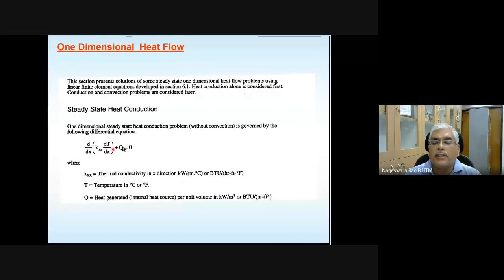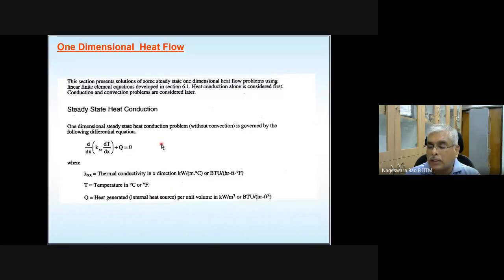If you compare this equation with the governing differential equation for the general boundary value problem, whatever we just noted, it's exactly similar, except that the field variable T is the temperature here, and k as a function of x is taken by this Kxx, which is the thermal conductivity, and q as a function of x is taken by this Q, which is the heat generated, or internal heat source. So these are the corresponding quantities.